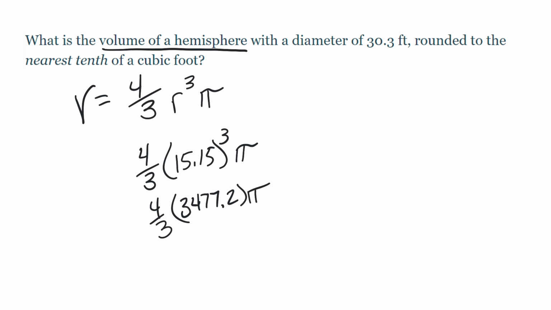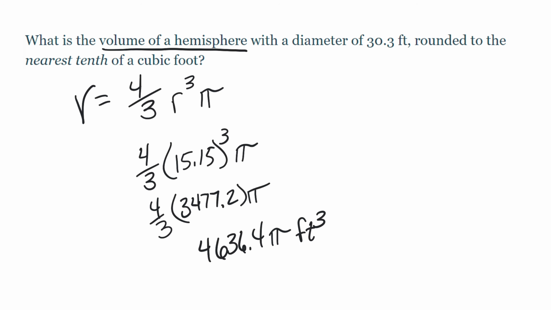So I'm going to take that amount and I'm going to multiply it times 4/3. Remember, you can use the alpha F1 and multiply times 4/3, and I get 4,663.4 pi, and we are dealing with feet cubed.